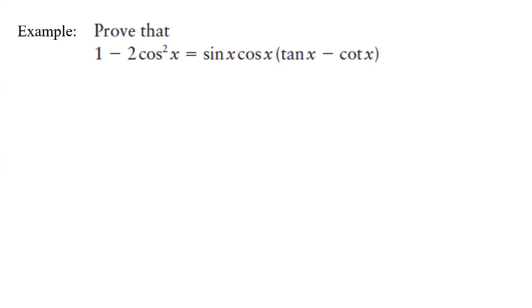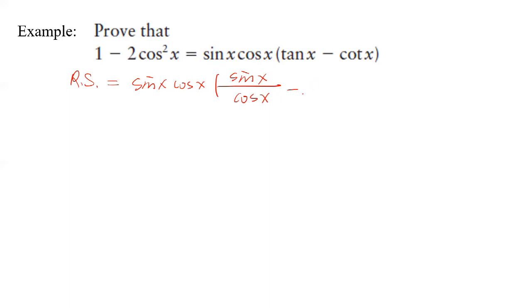All right, any thoughts? Okay, so this time the right side seems more complex, right? So we can start from the right side. Right side equals sine x cosine x. So note here we can convert tangent x using sine x over cosine x according to the ratio identity, right?